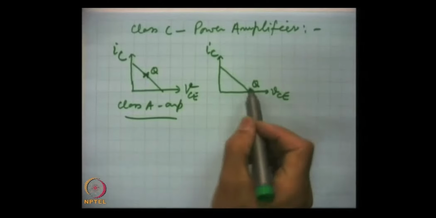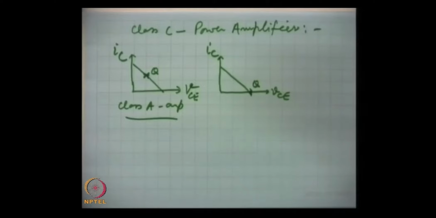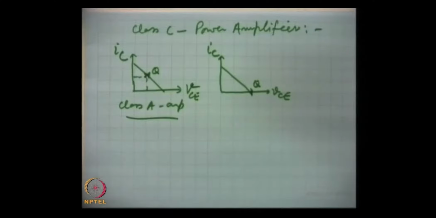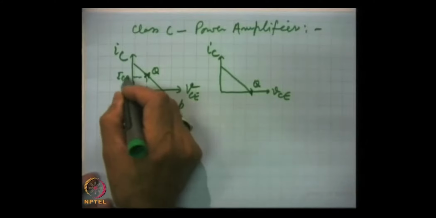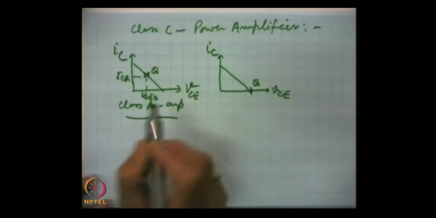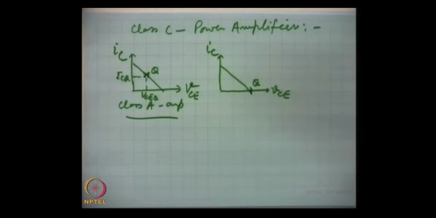So when there is no signal, this is one physical reason why the efficiency of class B operation is high, because in class A even when there is no signal, the current ICQ and this voltage VCEQ, so 50% current continues to flow in the circuit, and that is a sheer loss.